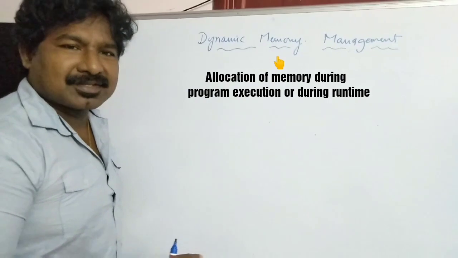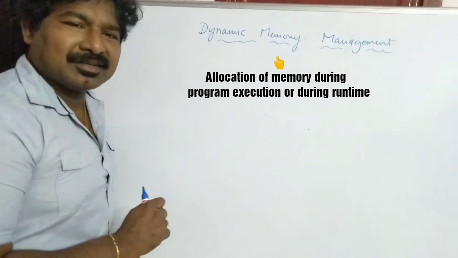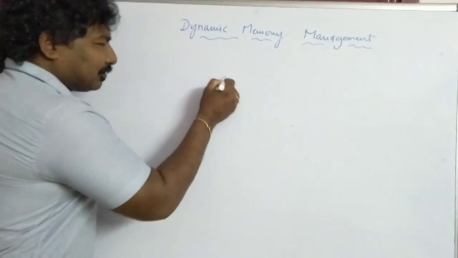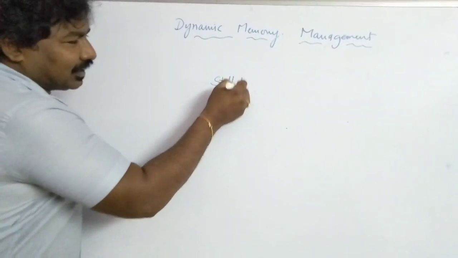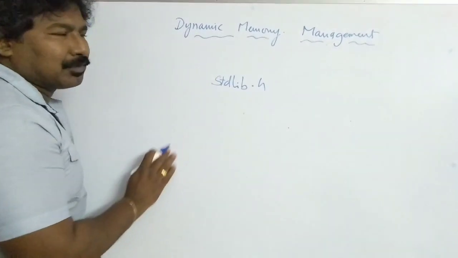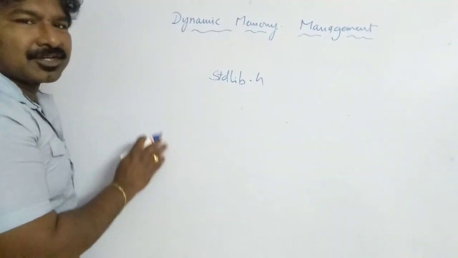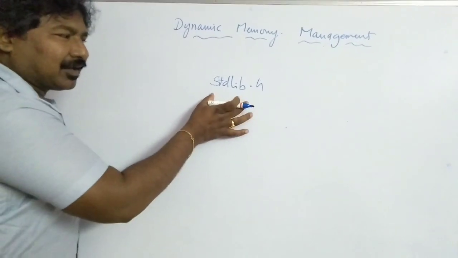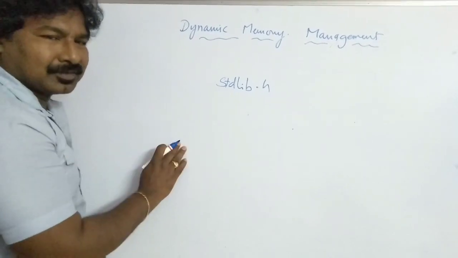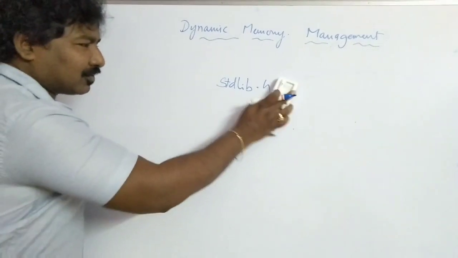How can you do this? Dynamic memory management is available in a special header file called stdlib.h. Whenever you use dynamic memory management and its related functions, you need to include this standard library header file in your program. That is one important concept.